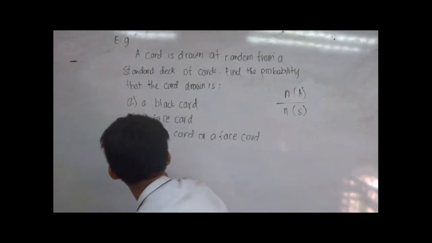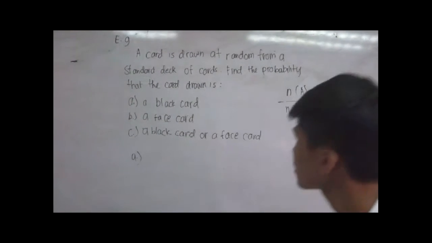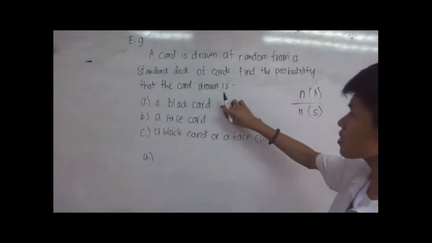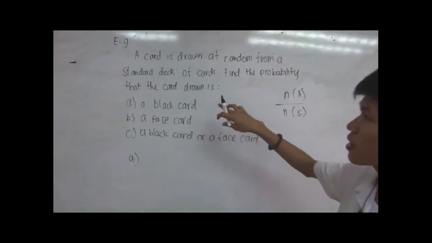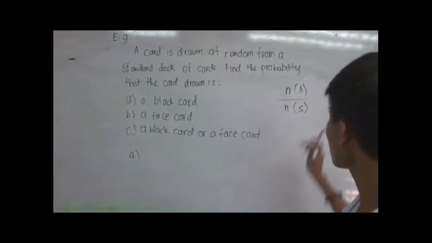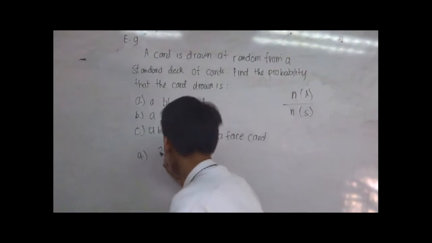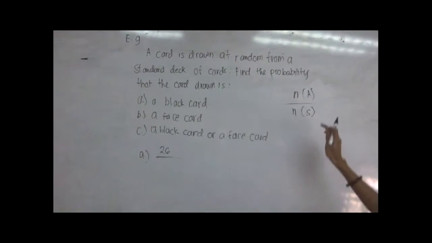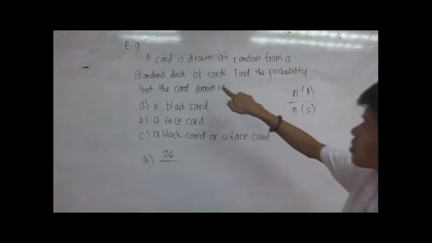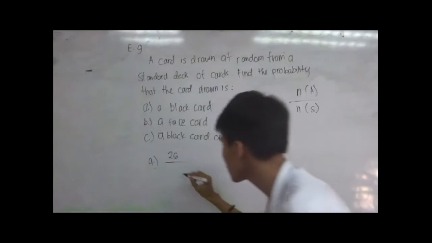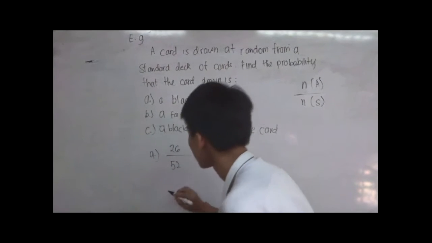So getting the black card: in a standard deck of cards, there are 26 black cards. So our event A is equal to 26, and our sample space, which is the standard deck of cards, is equal to 52.